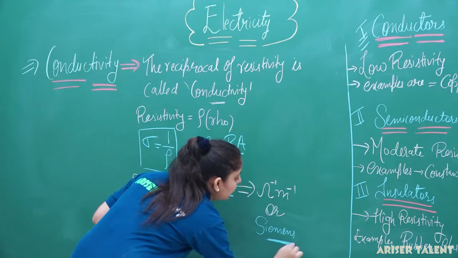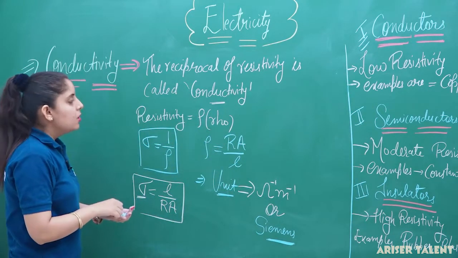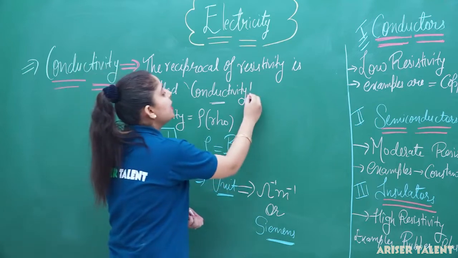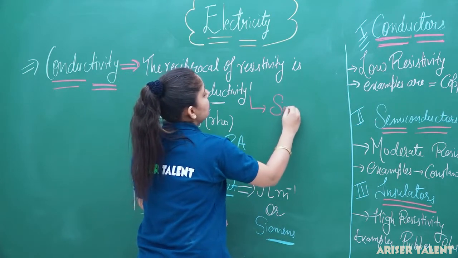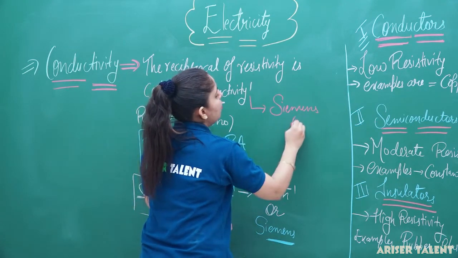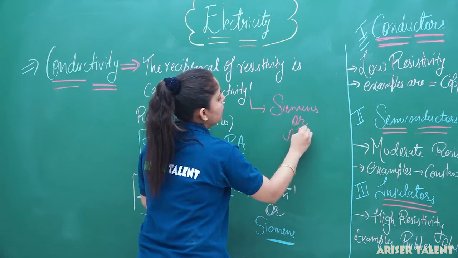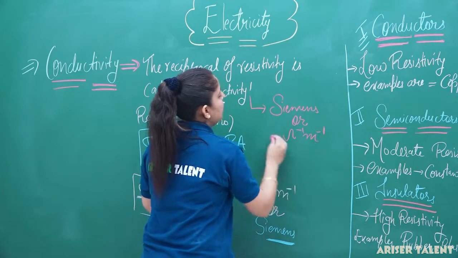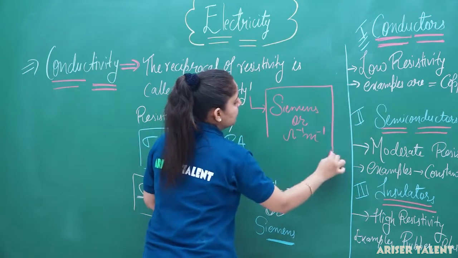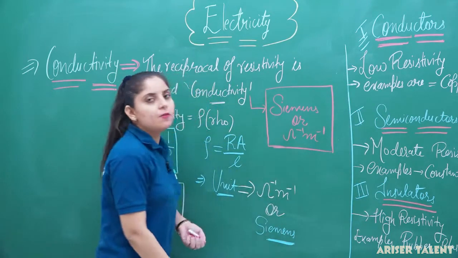So this will be the unit of conductivity. The unit of conductivity is known as Siemens, or we can say ohm inverse meter inverse. So this is the conclusion we are getting from here.